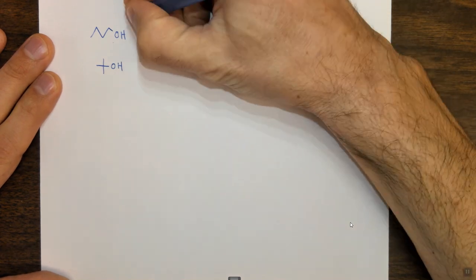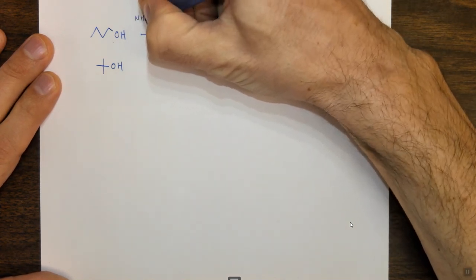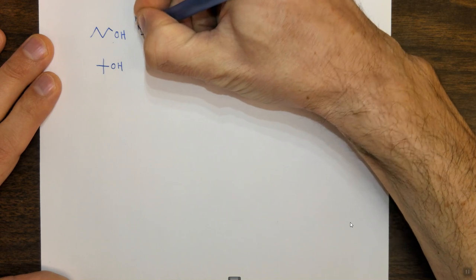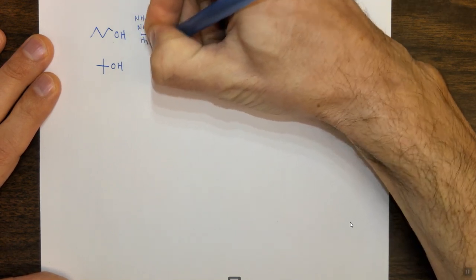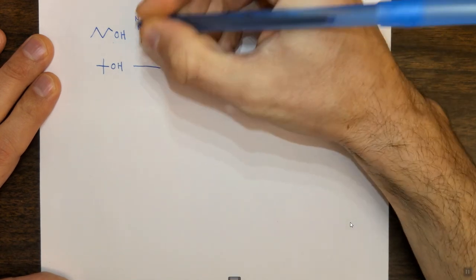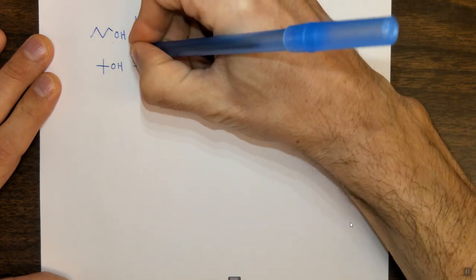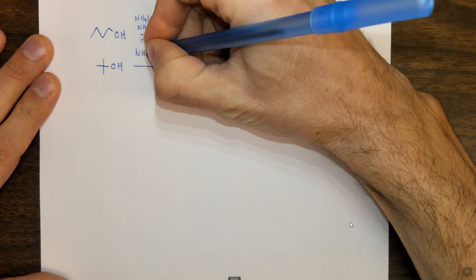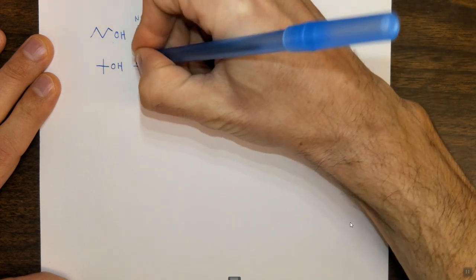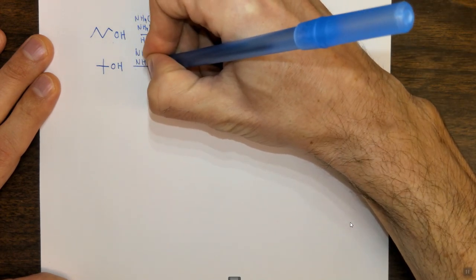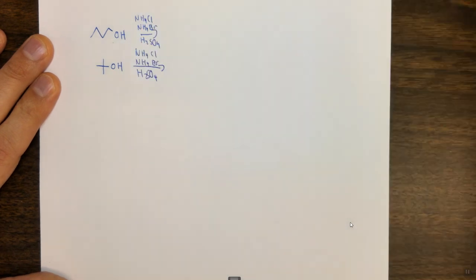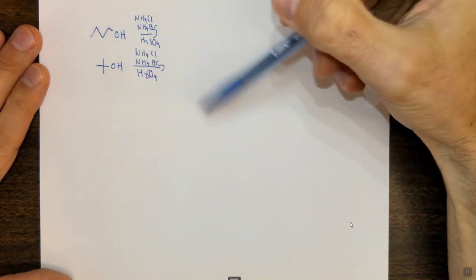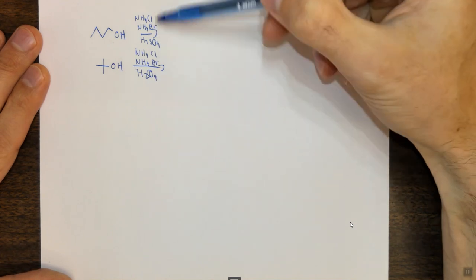Then we're going to add a mixture of ammonium chloride, ammonium bromide, and sulfuric acid, and we're going to do the exact same thing in both cases. One thing to note is this should be alarming to you.